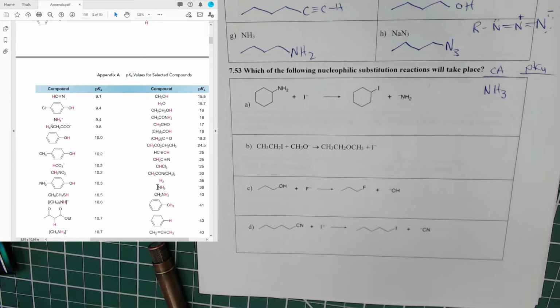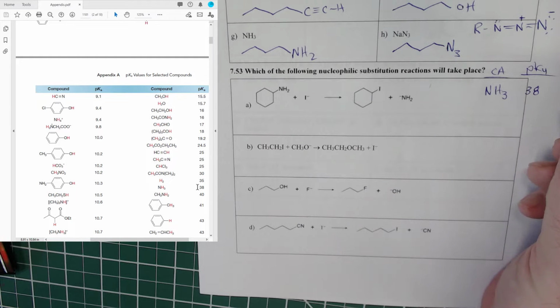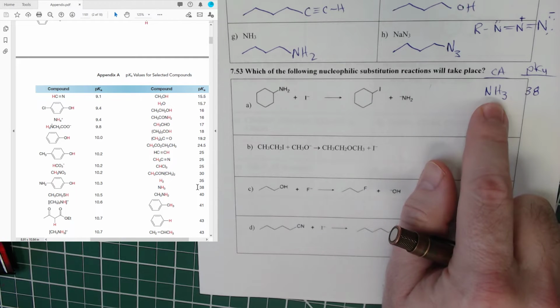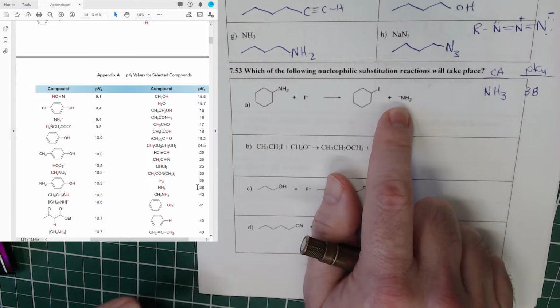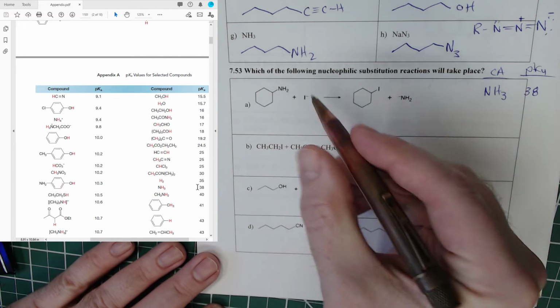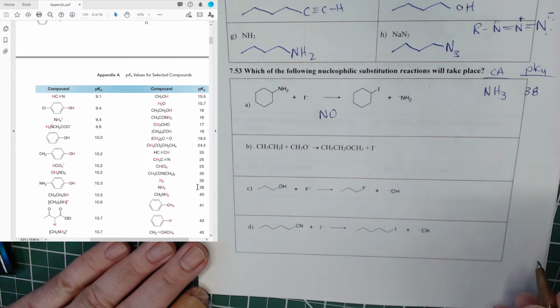If you scroll down here, NH3 has a pKa of 38. With a pKa of 38, that means this is not a strong acid, which means this is a lousy leaving group. So we would say, no, this reaction will not take place.